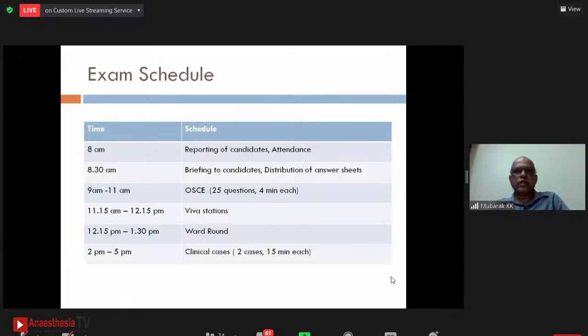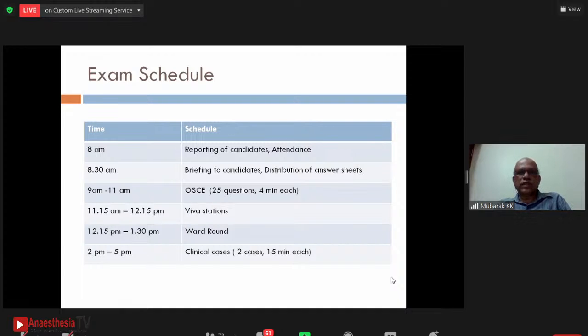In the newly designed pattern, for the exam schedule, the candidates have to report at 8 o'clock, and attendance and all those things will be formalities. At 8:30 a.m., the center coordinator will brief the candidates regarding the current pattern of examinations. This pattern was already given as a webinar by the national board to students a few days back.